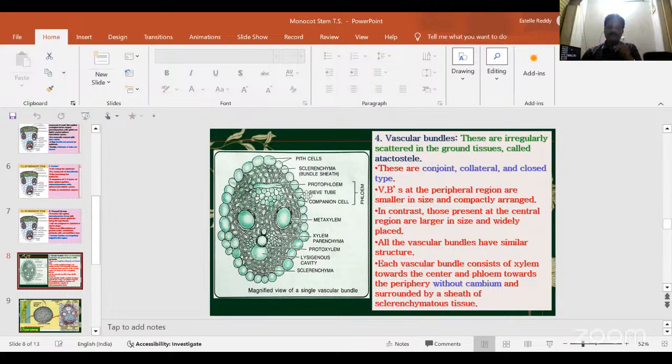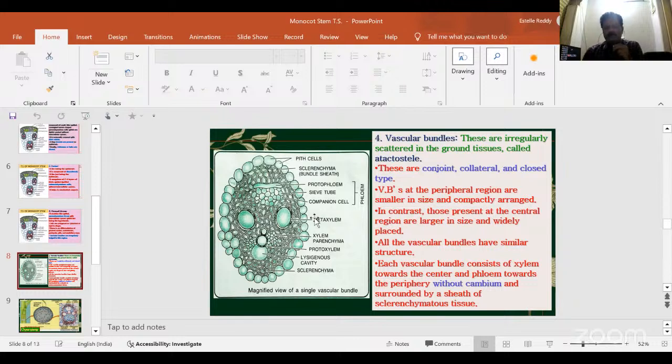That means each vascular bundle is enclosed with sclerenchymatous tissue, generally known as the bundle sheath. Since it is made up of sclerenchyma, it provides mechanical support to the vascular tissues like xylem and phloem.